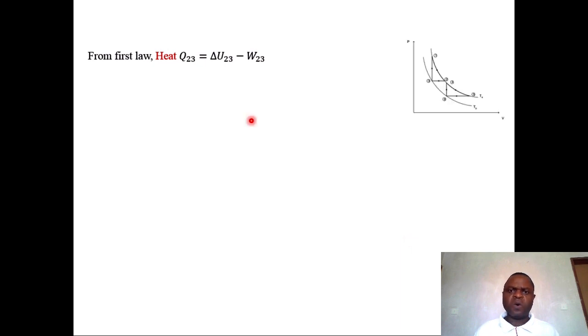Then let's also go to the heat flowing from 2 to 3. It will be the change in internal energy from 2 to 3 minus the work done from 2 to 3.